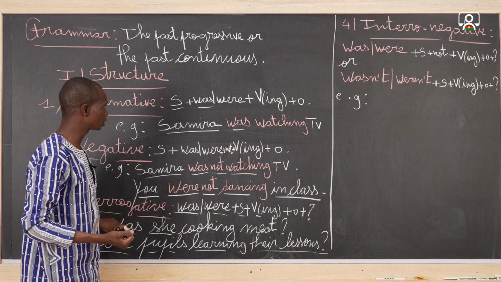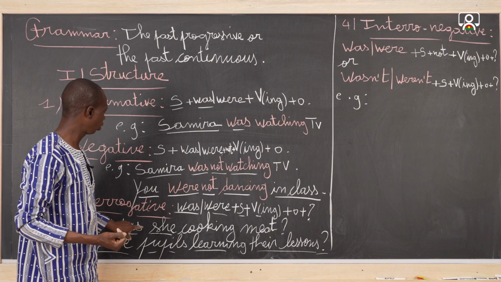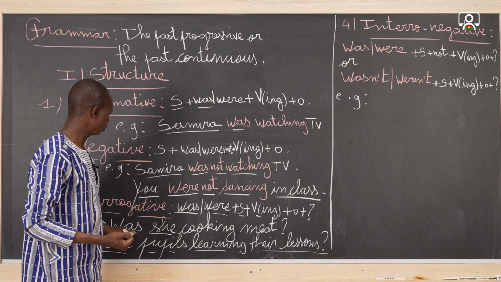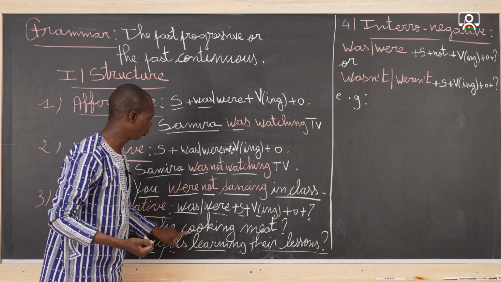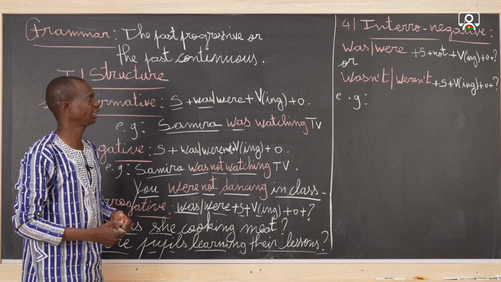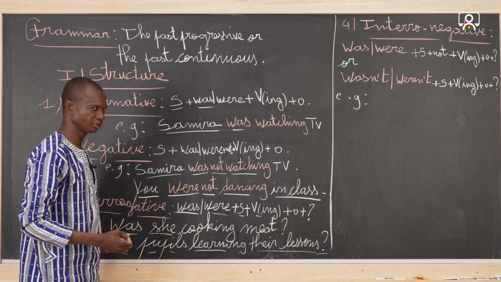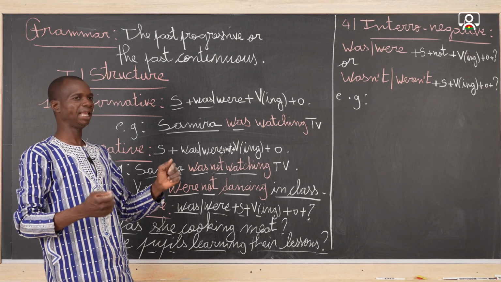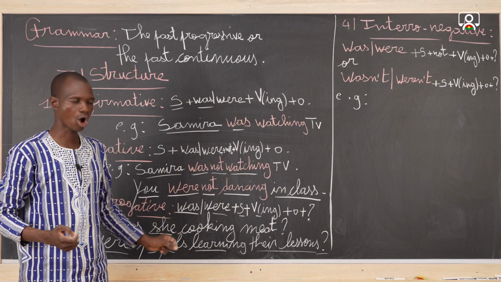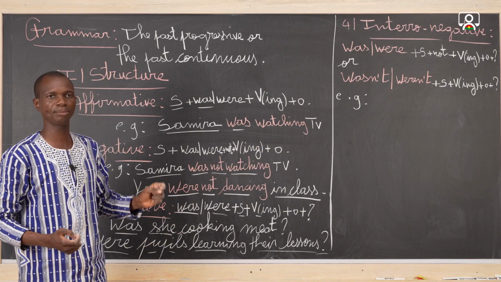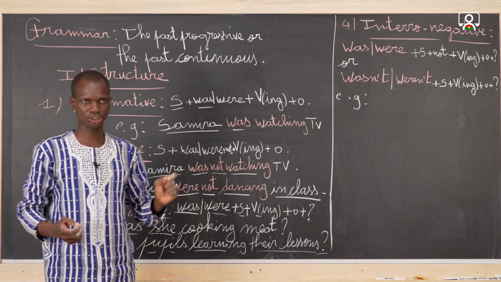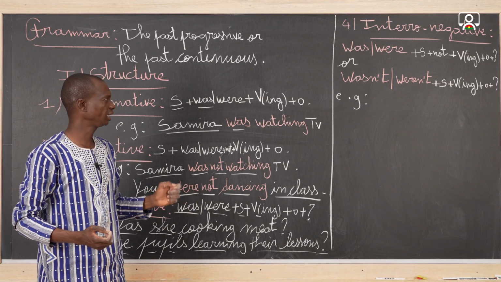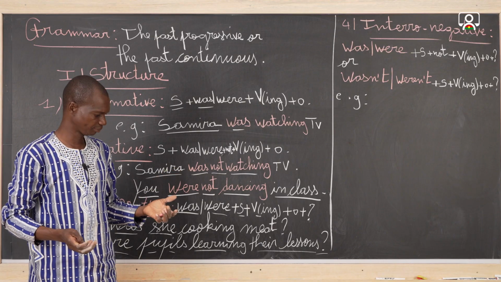Or we can use the contracted form, saying that, wasn't she cooking meat? This is also another possibility. And what about this sentence? We can say, were people not learning their lessons? Or we can say, weren't people learning their lessons? This is also acceptable.